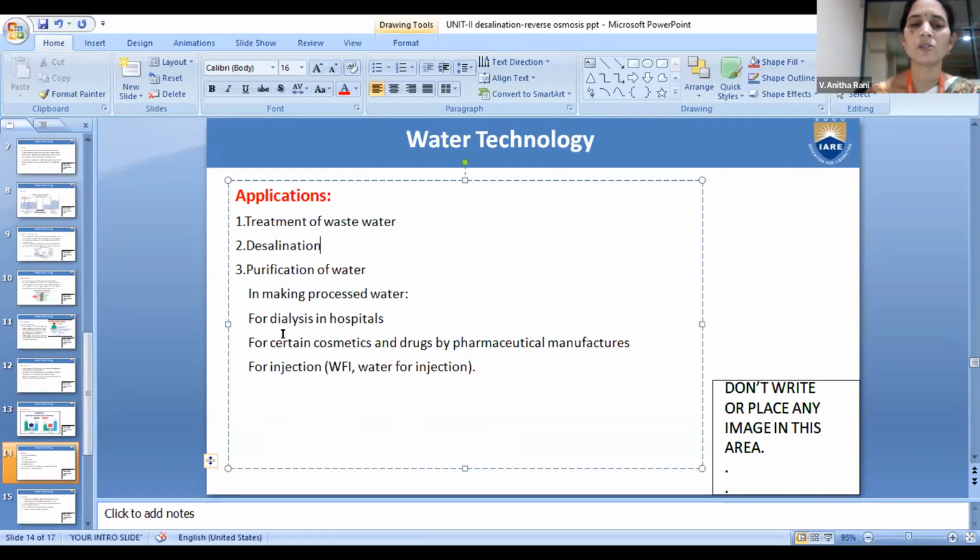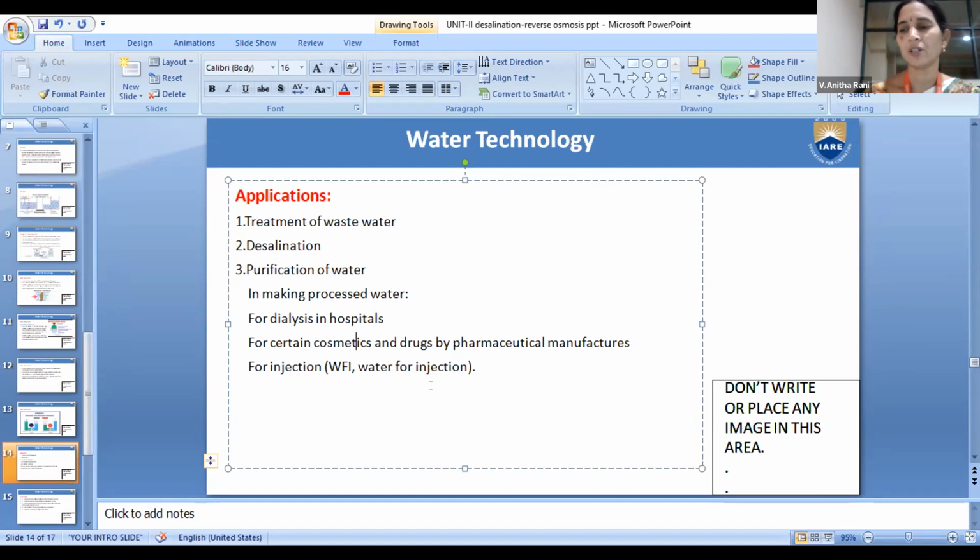That water we are using in hospitals, for dialysis. We are using it for preparing certain cosmetics and drugs, in pharmaceutical industries, this pure water which we are getting from the reverse osmosis process. Also for injection, water for injection.